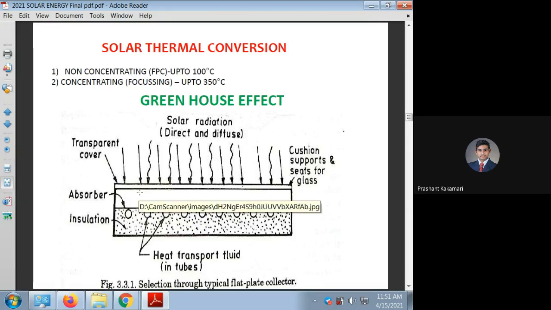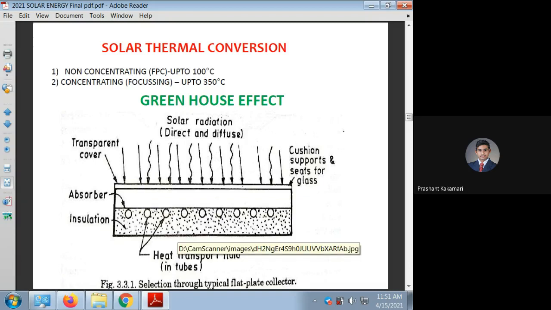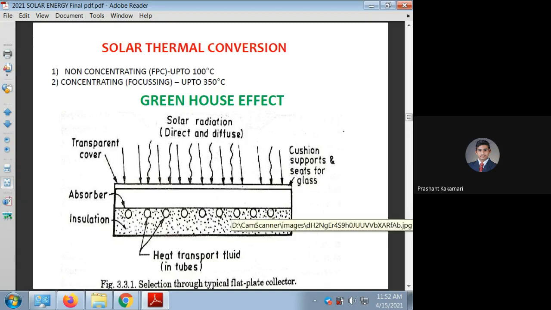As we discussed in the solar spectrum, only the short wavelength radiations will pass through these glass covers and reach the absorber plate.